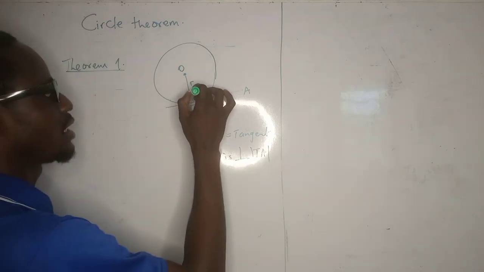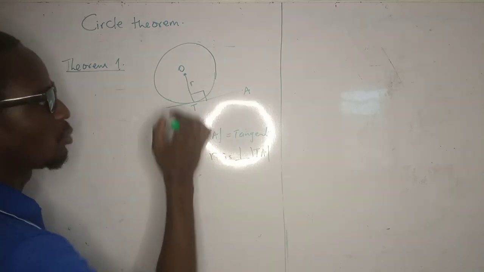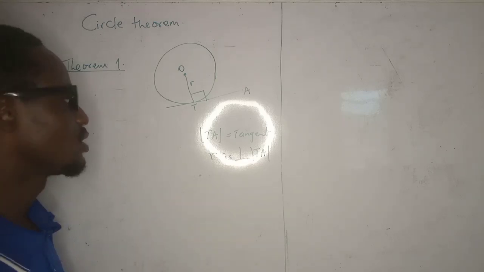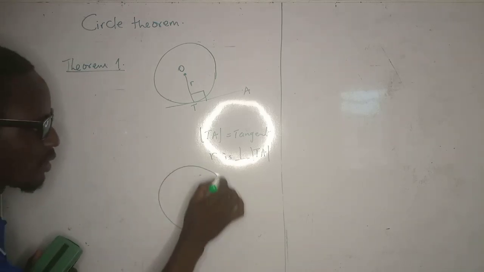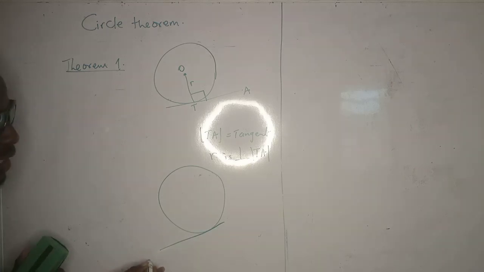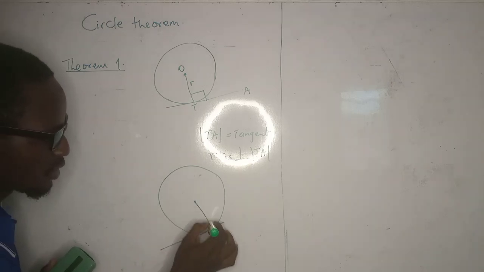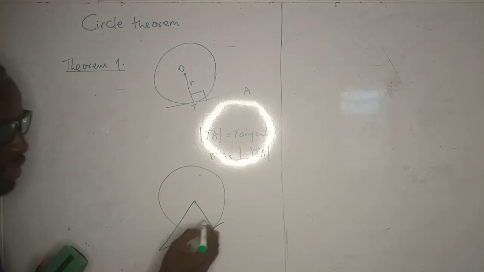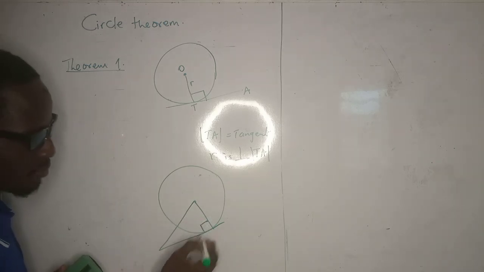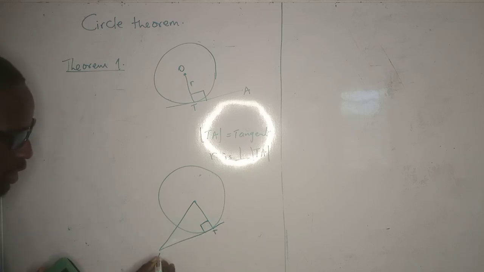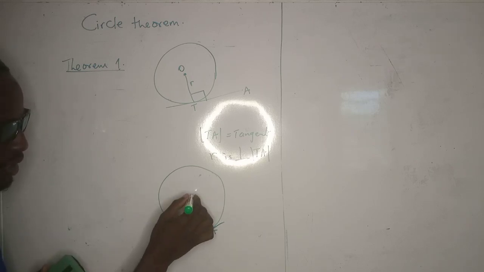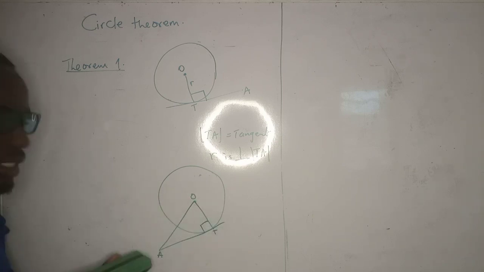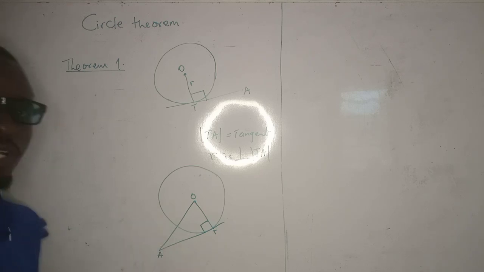So in this case the angle here is going to be 90 degrees, and also the one here will be 90. We have various questions that will come out of this. I can sketch a diagram of one of them. Suppose you have the tangent, then you have the radius of the circle. This property could be used to find the length of the tangent TA, or the length from here to here, and at the same time the radius, because this happens to be a right angle triangle.